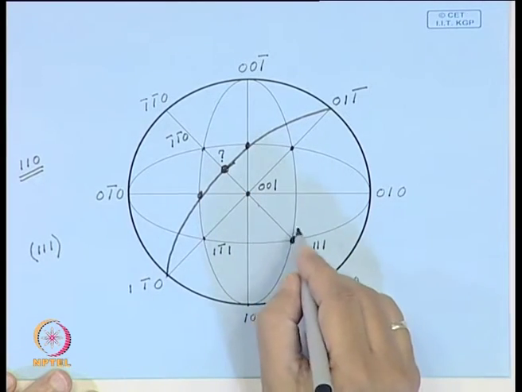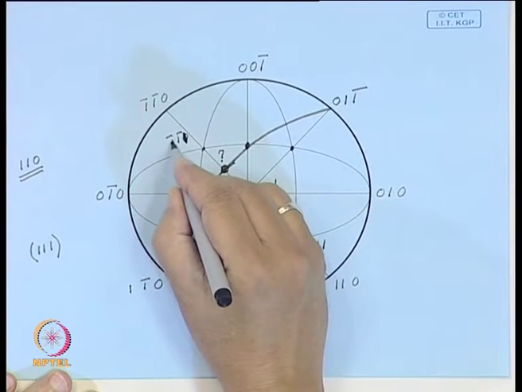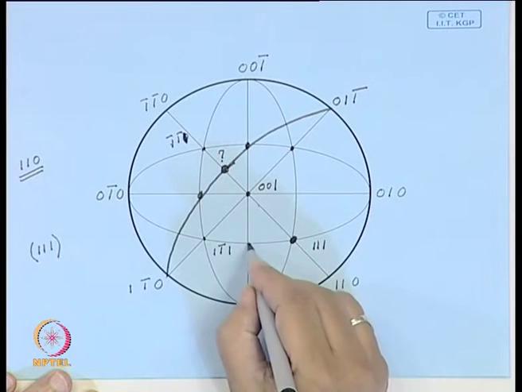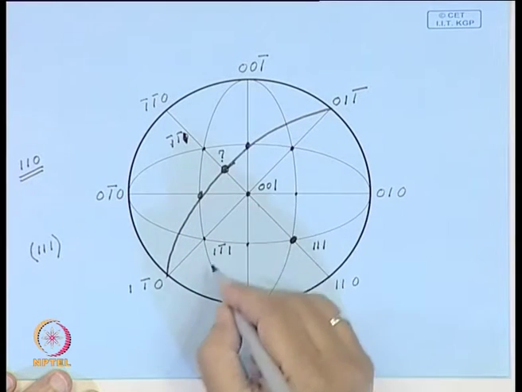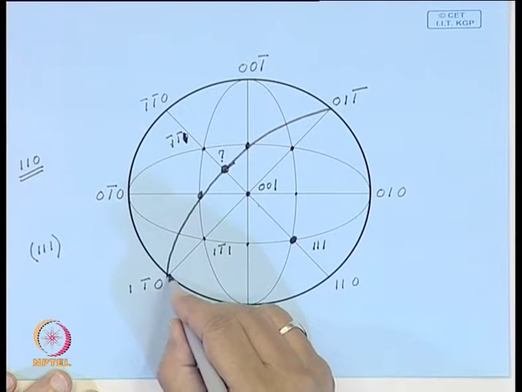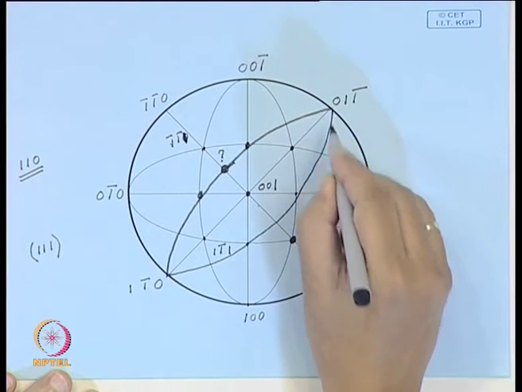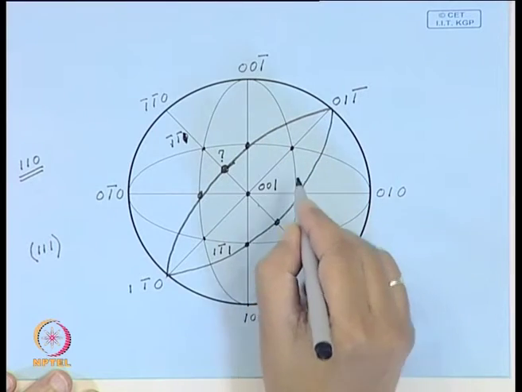The same thing can be done with respect to this 1 bar 1 bar 1 pole. So, corresponding to that there will be a plane like this. What are the indices of this?